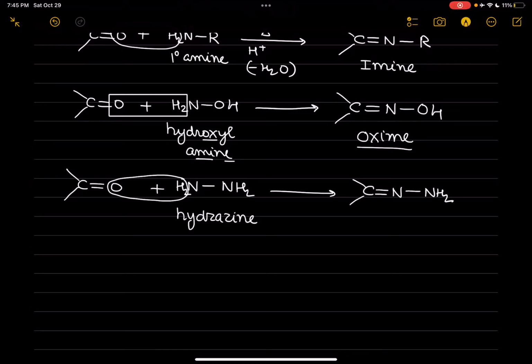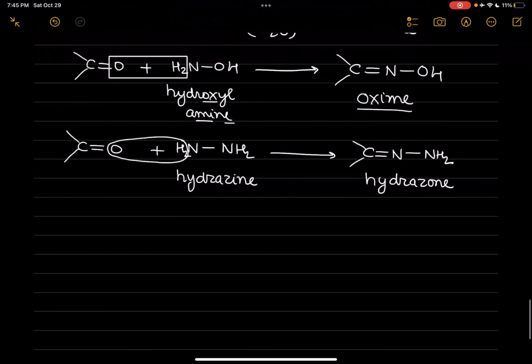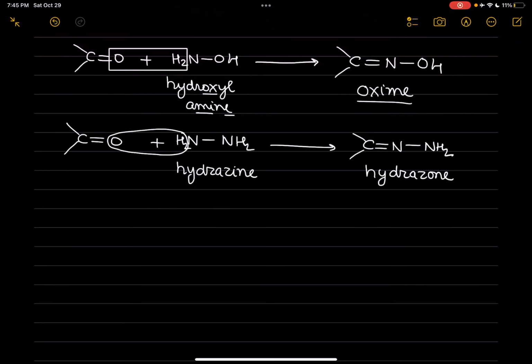This functional group, N single bond N double bond carbon, is known as hydrazone, because hydrazine has reacted with a ketone or aldehyde, so hydrazone.